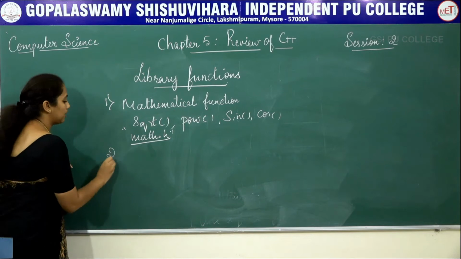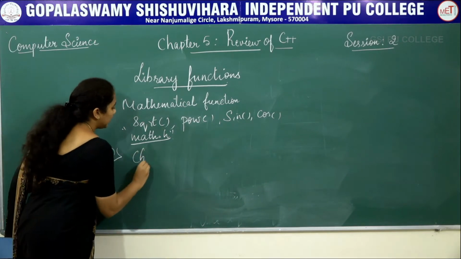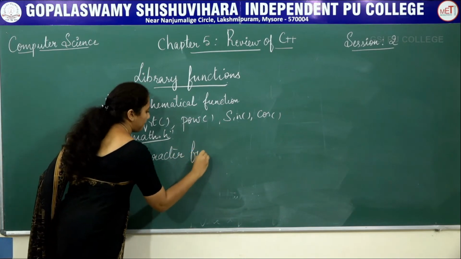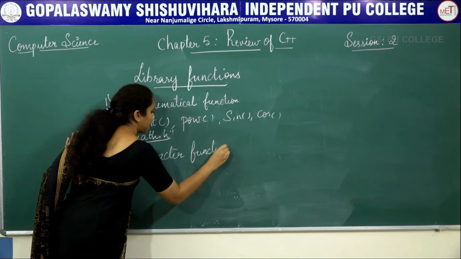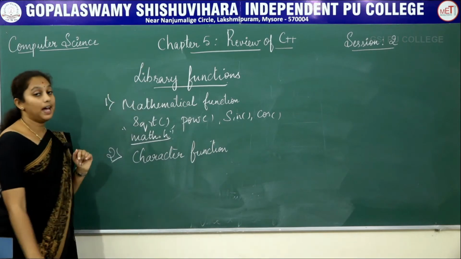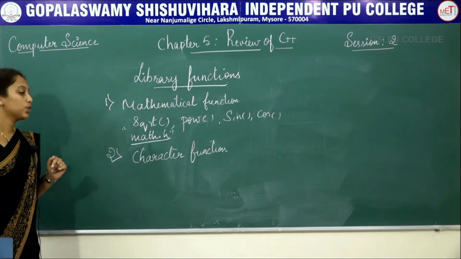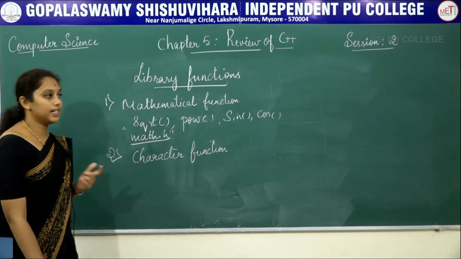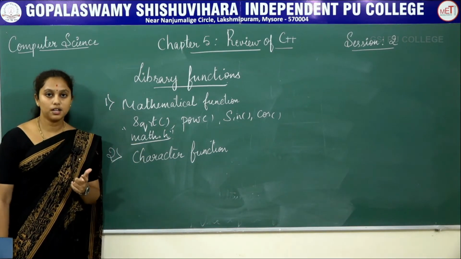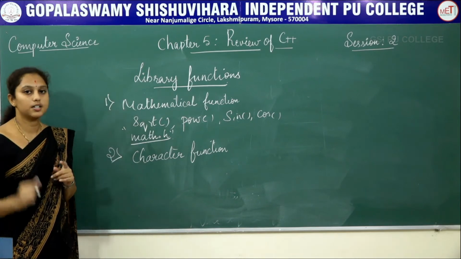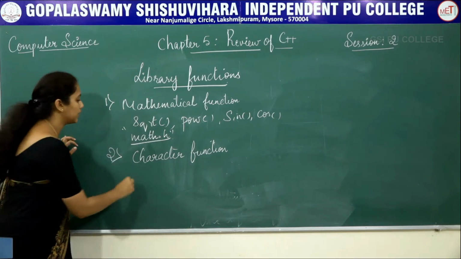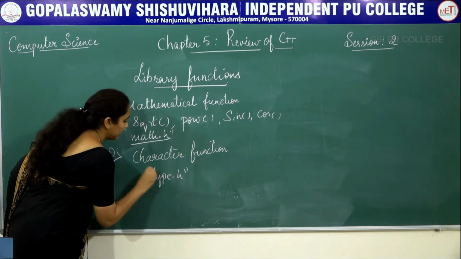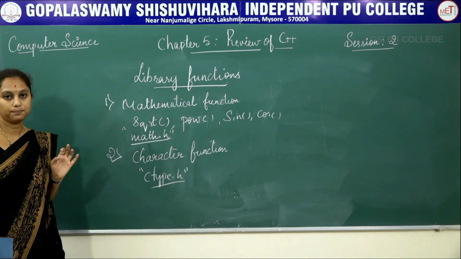Next type of library function is character function. What are character functions? Character functions accept only one character as an argument and produce a result. Here we are using the ctype.h header file in our program.